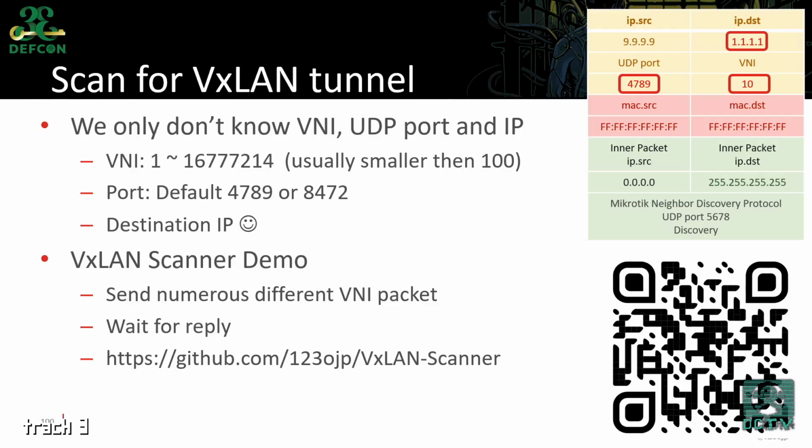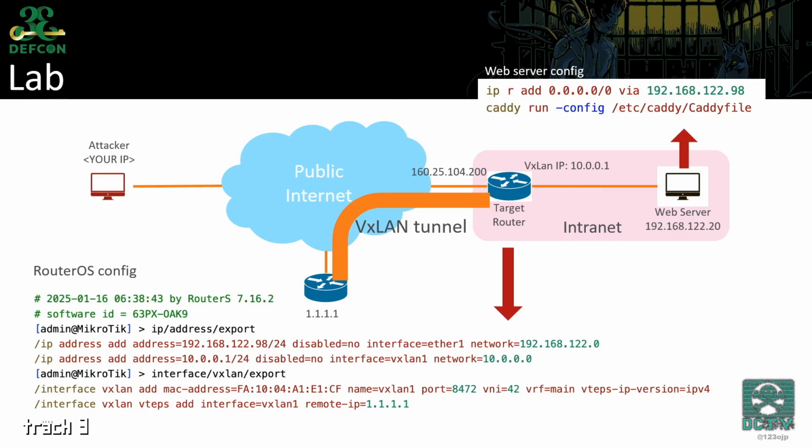We created a scanner. We can discover the victim IP, port and VNI by sending numerous packets. VXLAN has default ports 4789 and 8472, and the VNI is usually smaller than 100. Here's a scanner link. We have also created a lab for a VXLAN scanner demonstration, which includes a RouterOS router and a web server.